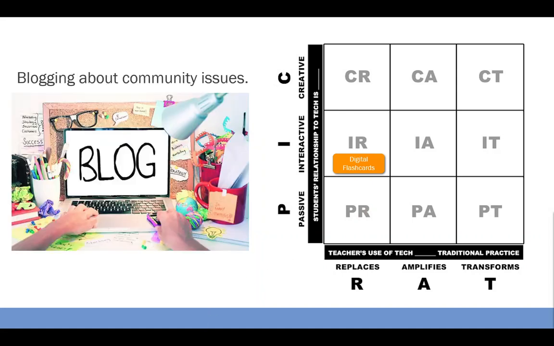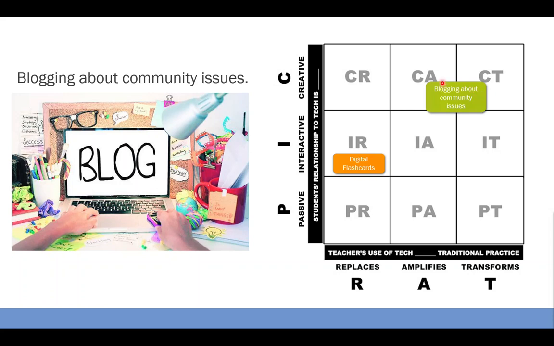Okay, how about this one? Students keep a blog about issues in the community. In fact, they may even share it with others in the community. I think this one goes up here. It's creative because they're actually creating a blog and writing about their own ideas. And I think it can go into transformative if they're actually having an impact on the community.